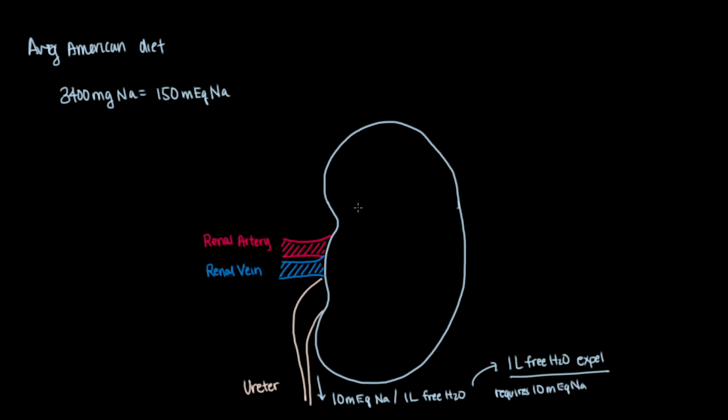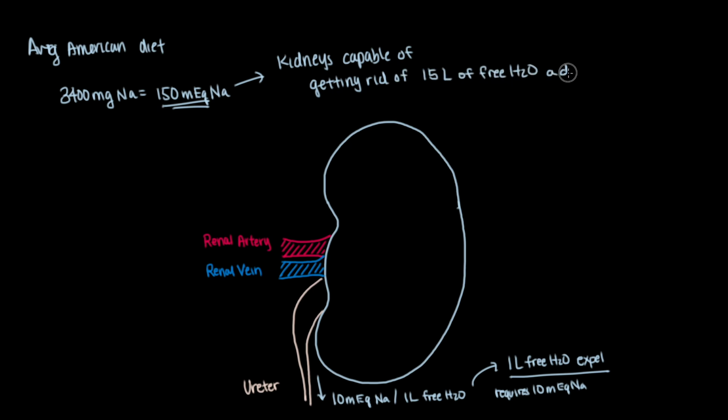So if our kidneys are able to secrete a maximum of 1 liter for every 10 milliequivalents of sodium consumed, and we have 150 milliequivalents of sodium available a day, that means our kidneys can get rid of at most 15 liters of water a day.